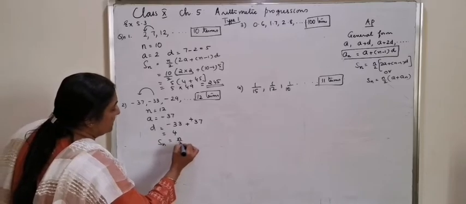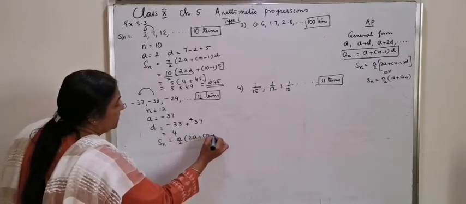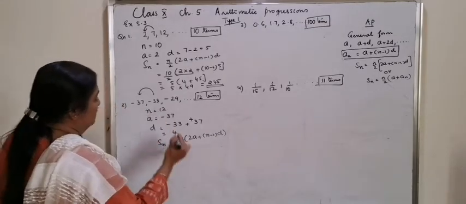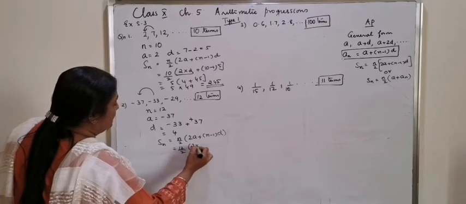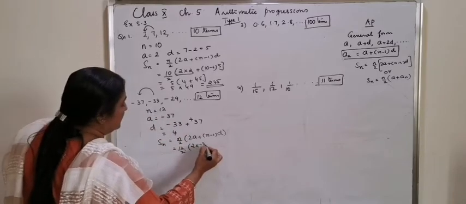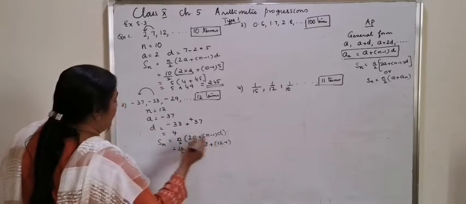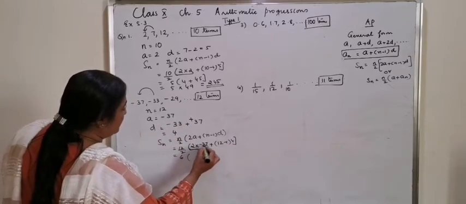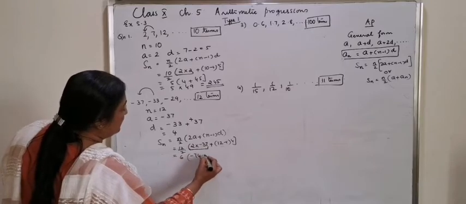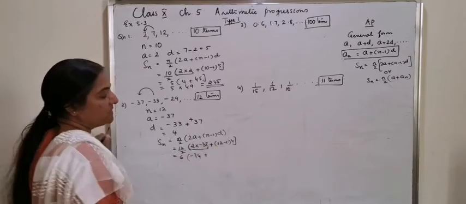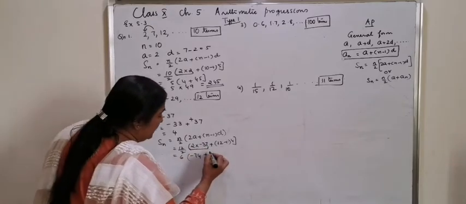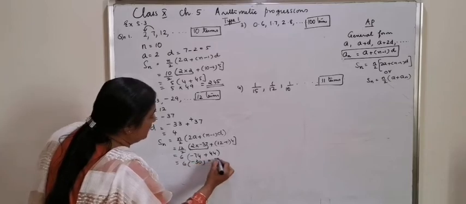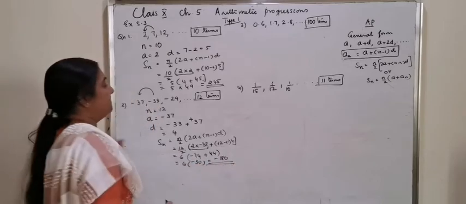Formula Sn is equal to n by 2, 2a plus n minus 1 into d, which is 12 by 2, 2 into a which is minus 37, plus 12 minus 1 into d, whose value is 4. 6 into 7 2s are 14, minus 74, plus 12 minus 1 is 11. 11 into 4 is 44. 6 into minus 30, which is equal to minus 180.